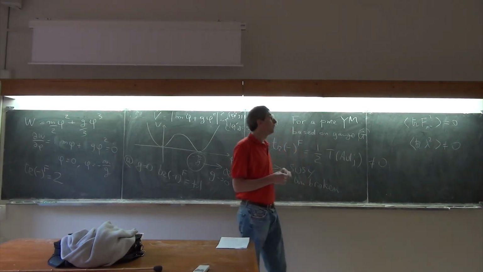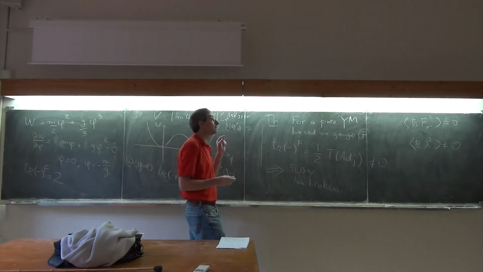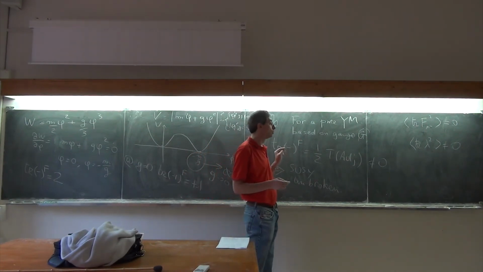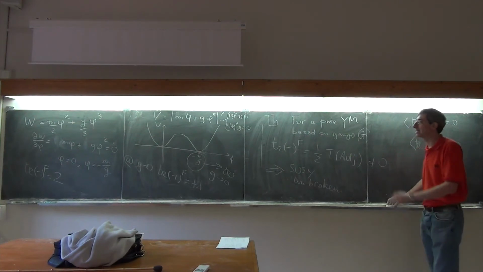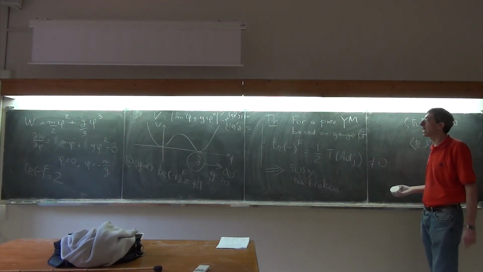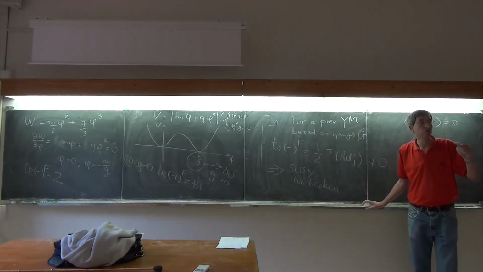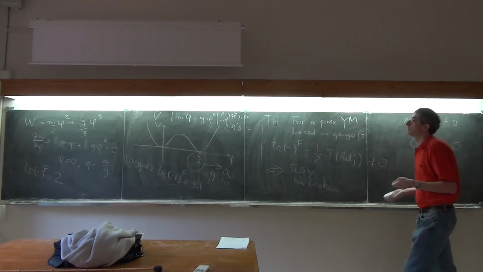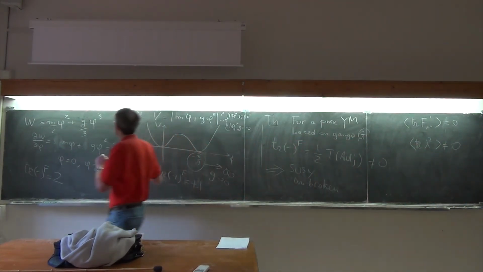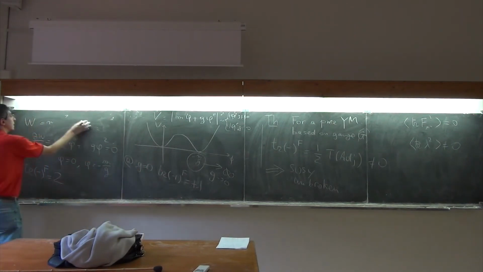So this thing here immediately generalizes to the case where you have a vector-like theory, a theory where you can give a mass to all those fields, and you do give a mass to all the fields. So take super QCD. Super QCD does not break supersymmetry.